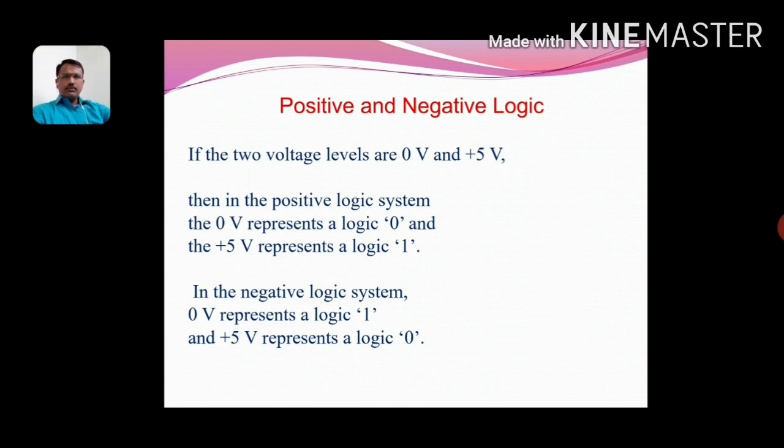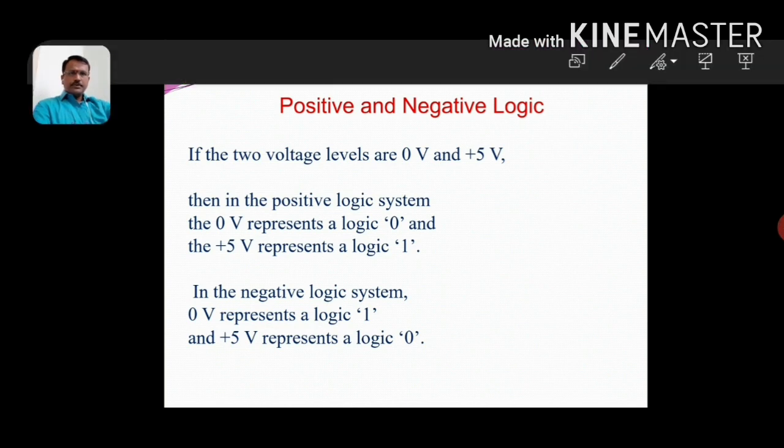Then moving forward, we will learn some logic gates. Before learning logic gates, what is logic? There are 2 types: positive logic and negative logic. In digital electronics, we consider 2 voltage levels: 0 volt and plus 5 volt. If there are two voltage levels, 0 volt and plus 5 volt, then in the positive logic system 0 volt represents logic 0 and plus 5 volt represents logic 1.